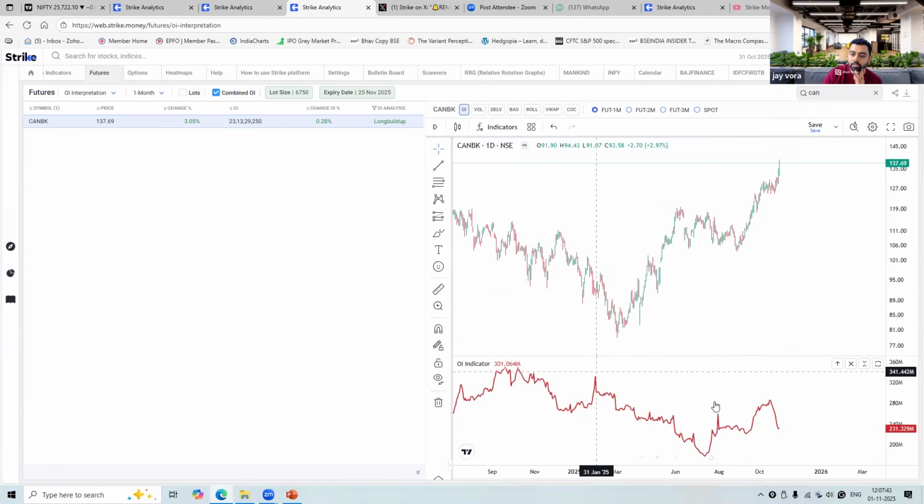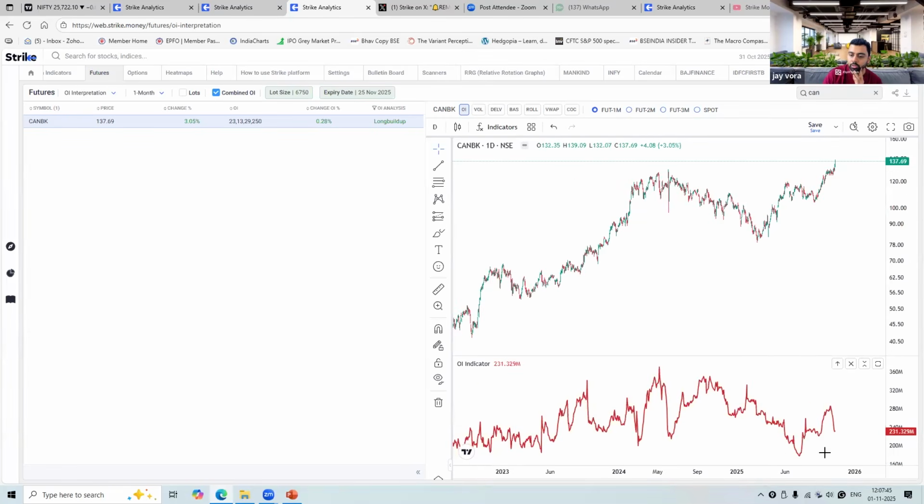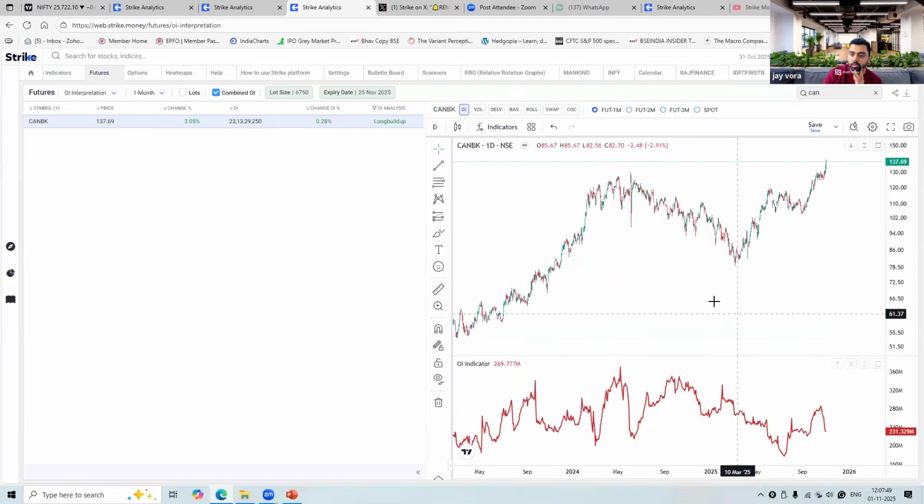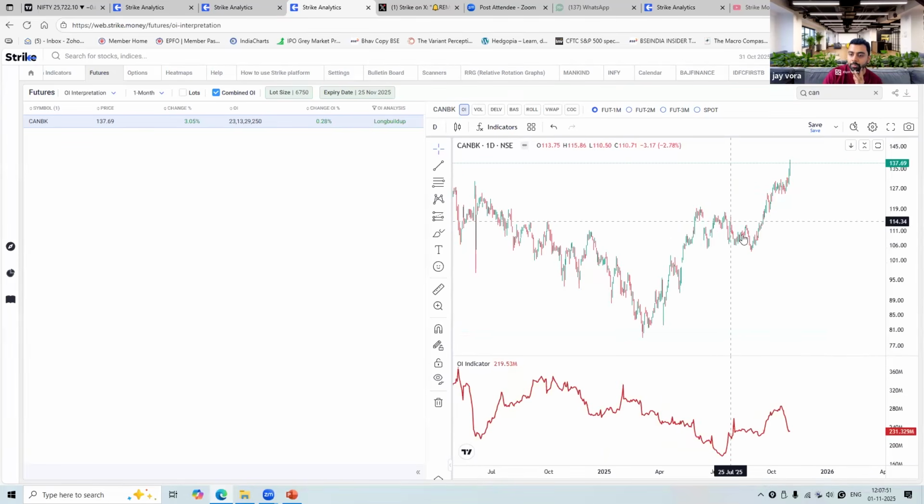Yeah, could be, because firstly, one thing that I can surely notice is that the open interest was very low over here. Then the decline happened and there was an initial spike of open interest, and there was some bit of long build up also.